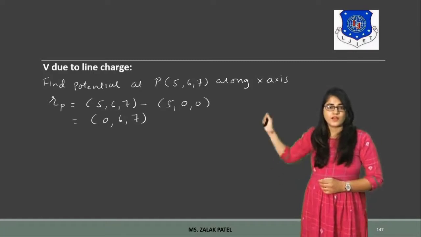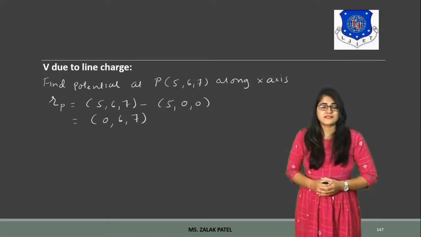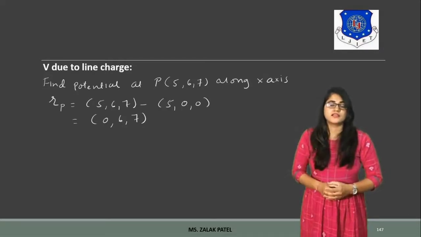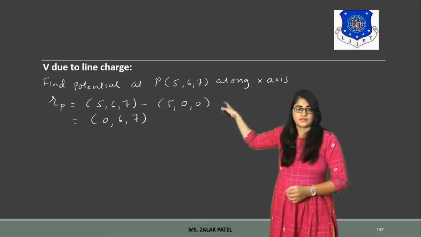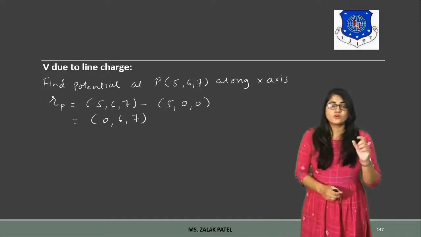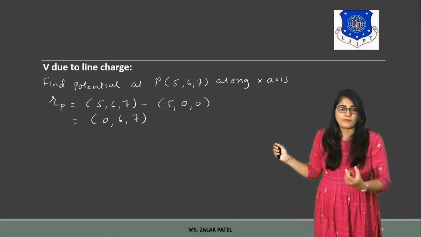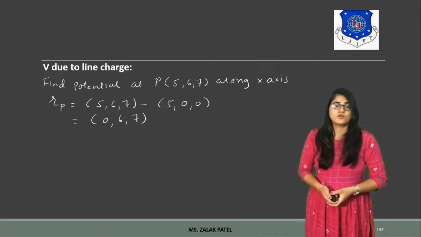In this example, our desired point is 5, 6, 7. So we keep the x coordinate, 5, the same: 5, 0, 0. This is how we find the distance for point P, that is RP, from 0, 6, 7.